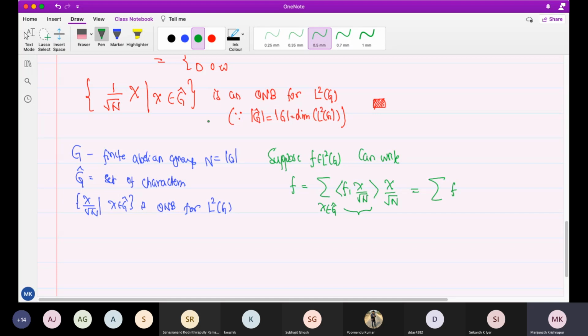So chi values will have absolute value 1, but they will not form an orthonormal basis. To get an orthonormal basis, I have to scale by square root n. But the indexing set I can use as G hat, that's not a problem. So here I don't have to write chi over square root n, I write chi in G hat. So this will be f hat of chi. This is the definition of f hat of chi, times chi times 1 by square root of n.